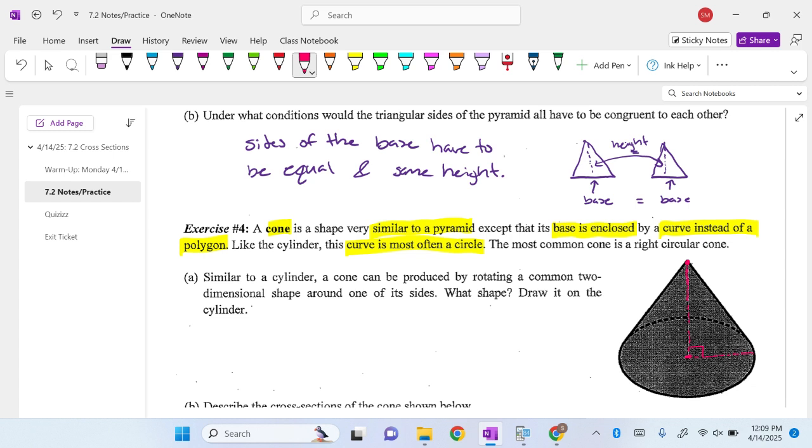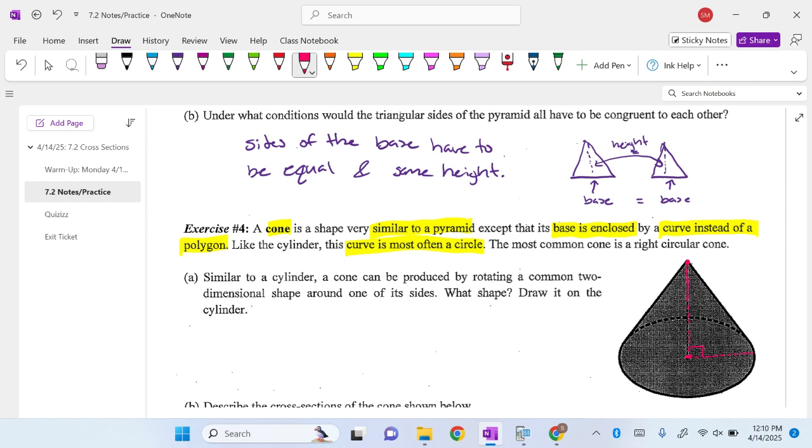Now, if I rotated a two-dimensional shape on one of its sides, what would produce a cone? So, for example, cylinder's on its side. If you looked at it dead on, what 2D shape do you see? A rectangle.